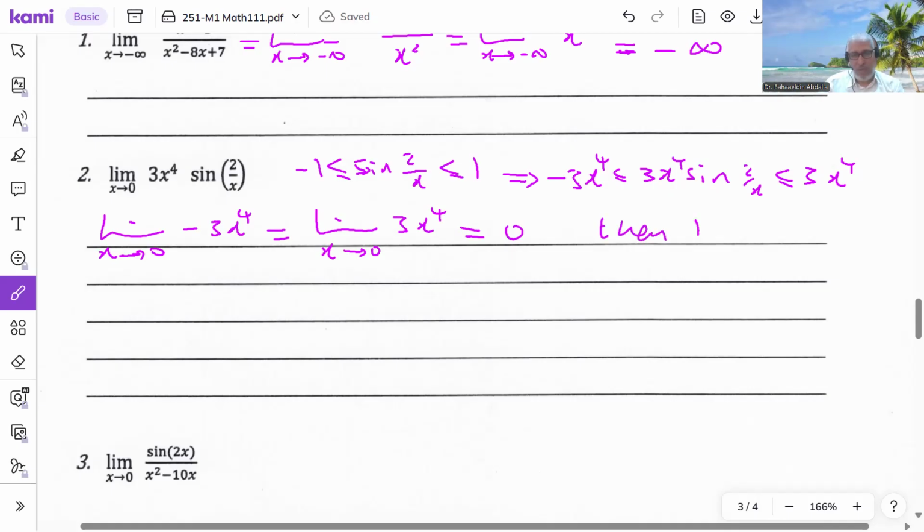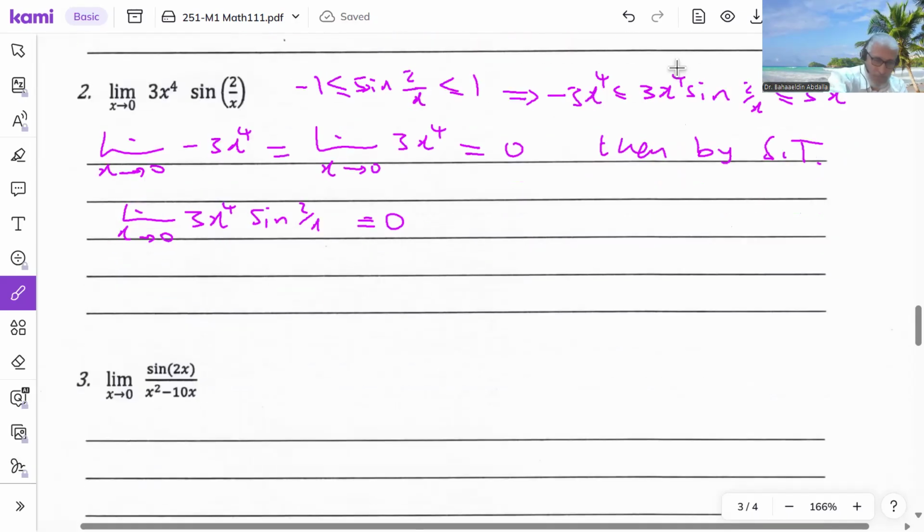Then the squeeze theorem says that if the limit of these two functions is the same, then the limit of what is between them, which is 3x to the power 4 times sine of 2 over x when x approaches 0, is also 0.